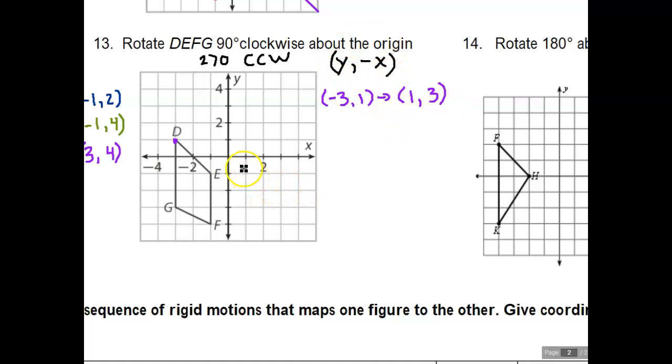Yep, okay, perfect. And then, oh, it's negative 1 comma 3, so that's over here. And we go E, which is negative 1, negative 1. So that's going to end up as positive 1, negative 1.